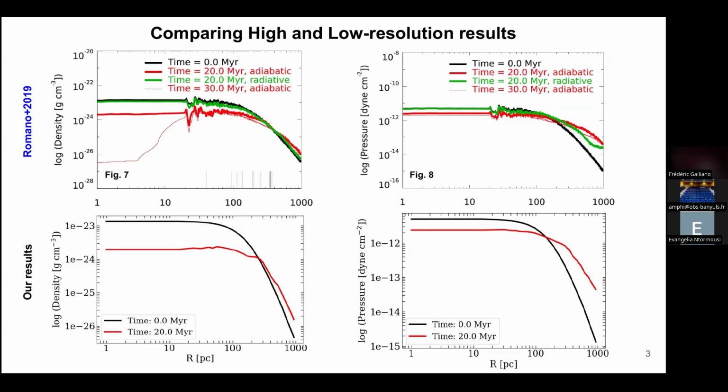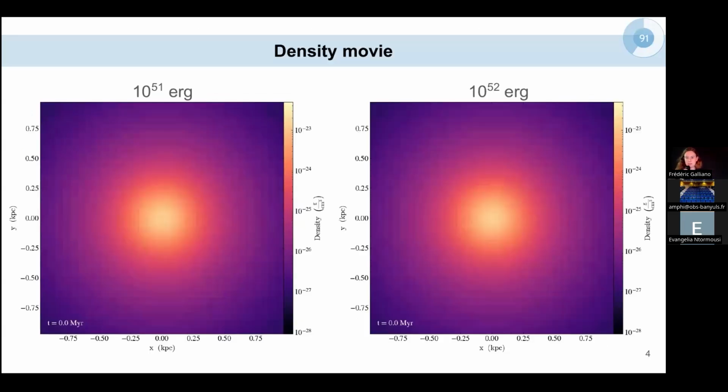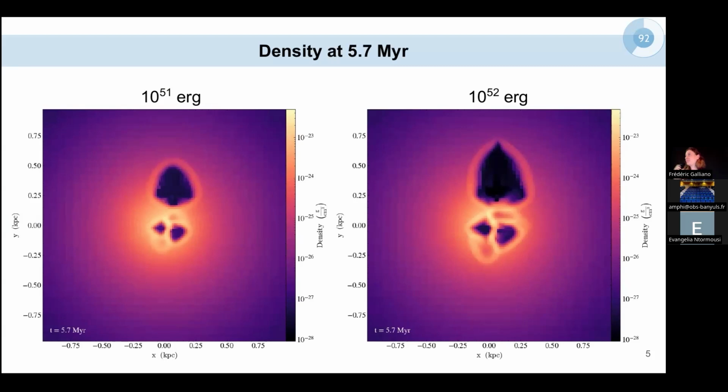Okay, so now I can show you a couple of nice slices. The video isn't running, of course, because it's a PDF. On the left-hand side, you can see the simulation with 10^51 ergs, and on the right-hand side, 10^52 ergs.